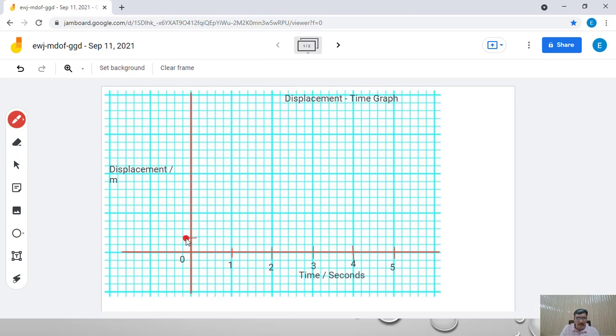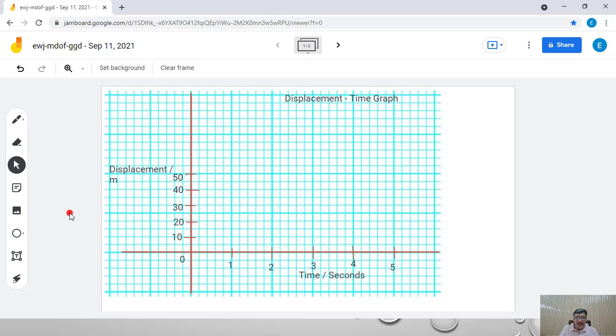This will be 10, 20, 30 meter, 40 meter and 50 meter. Here I have 0, that is the origin. Here I have 10, then 20, 30, 40, and here I have 50.